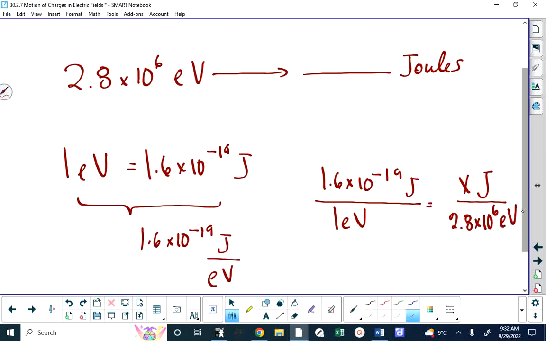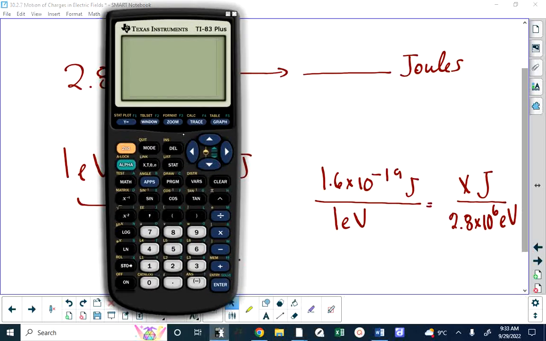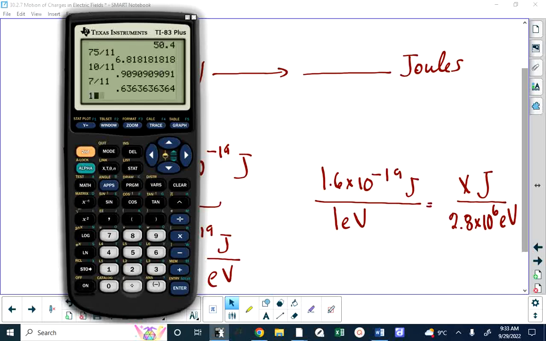This is kind of like if you had me for Math 20 and you're using the sine law. Anytime you set up a ratio, the thing you want to find, put it on the top. It just makes it easier. So I've flipped my ratios over. If we do that, 1.6 times 10 to the negative 19 joules per electron volt multiplied by the 2.8 times 10 to the 6 electron volts gives me 4.48 times 10 to the negative 13 joules.